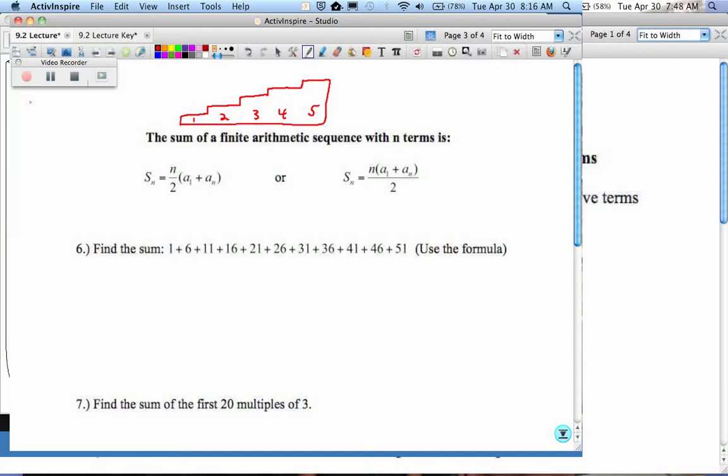What would be the sum of the numbers 1 plus 2 plus 3 plus 4 plus 5? 15, right?